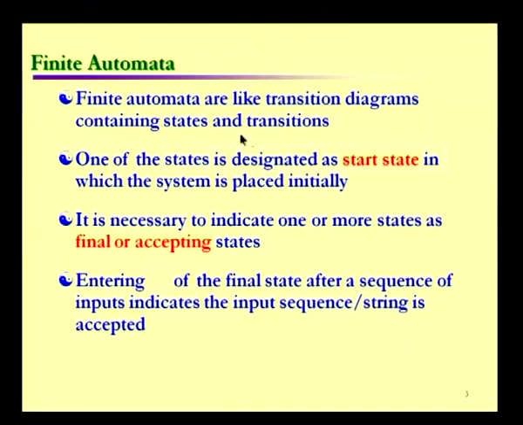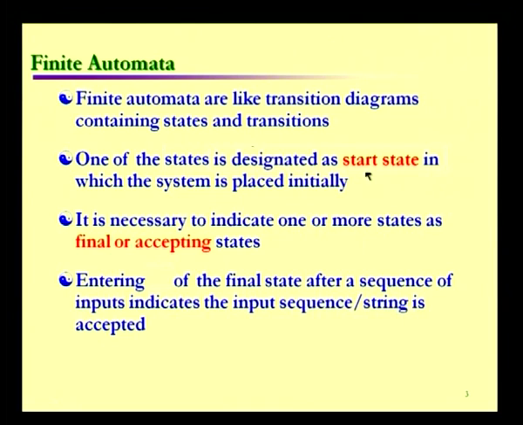They simply look like transition diagrams, which have both states and transitions. As far as the states are concerned, there is one special state which we call the start state, where the system is initially placed.